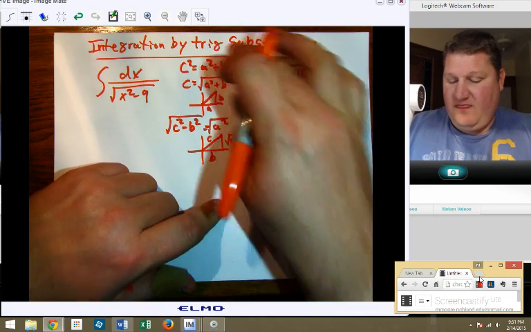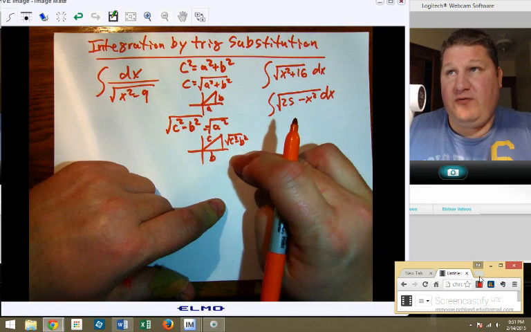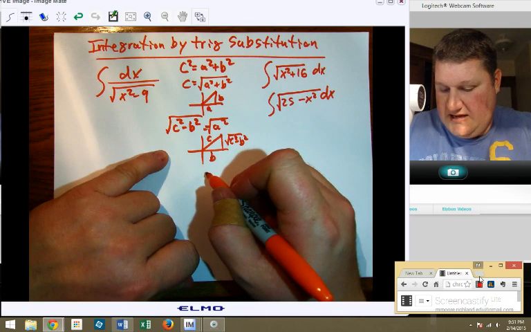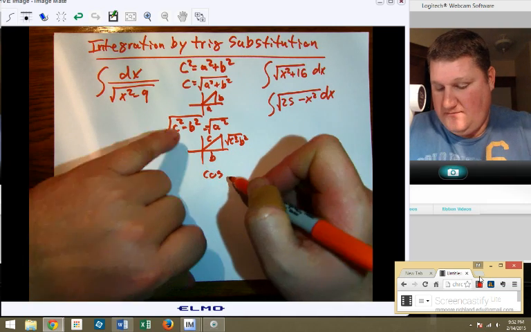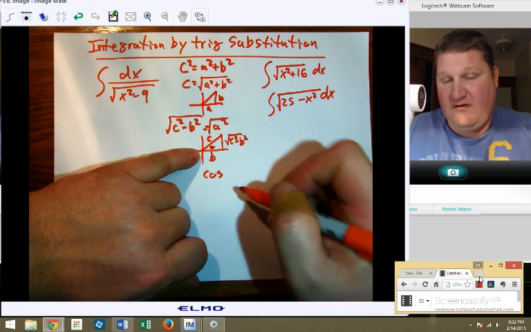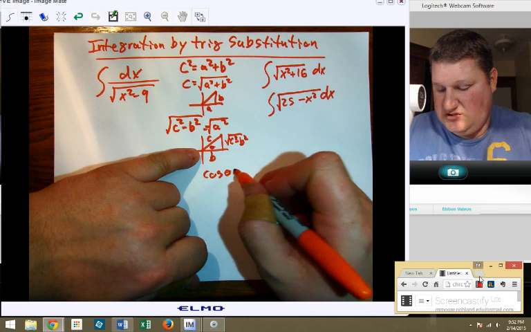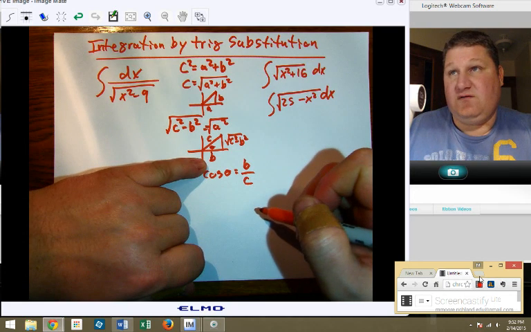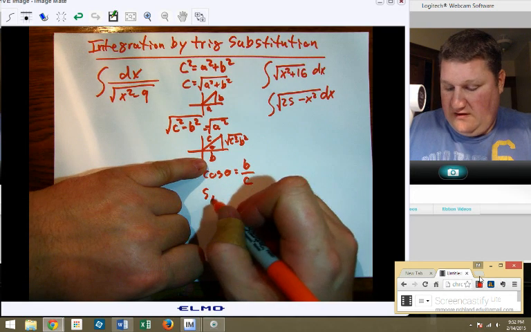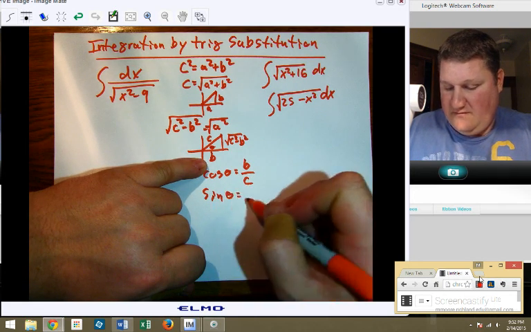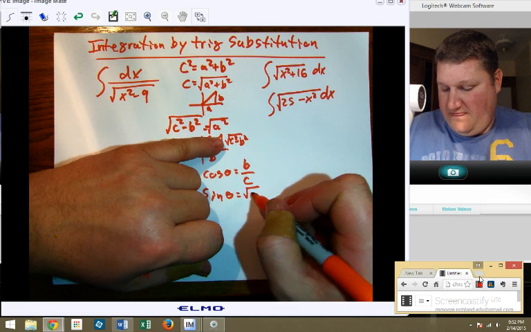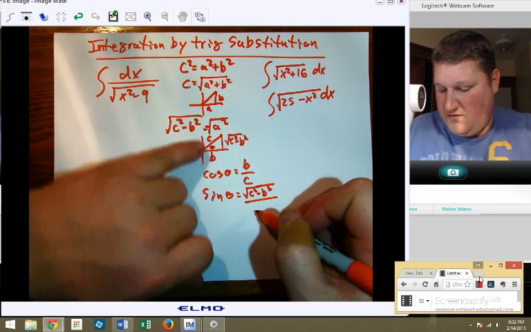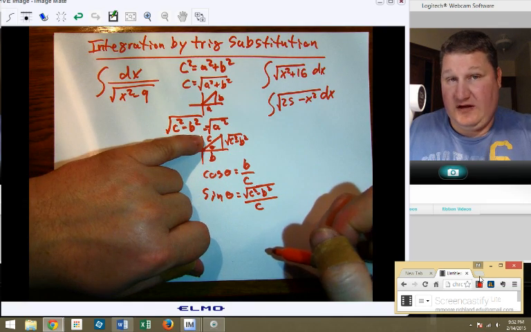Now, that Pythagorean property allows me to put some things to use. If I were to say cosine of this theta right here, I would say cosine of theta equals adjacent over hypotenuse. I could also say sine of theta would equal the square root of c squared minus b squared, all over hypotenuse c.